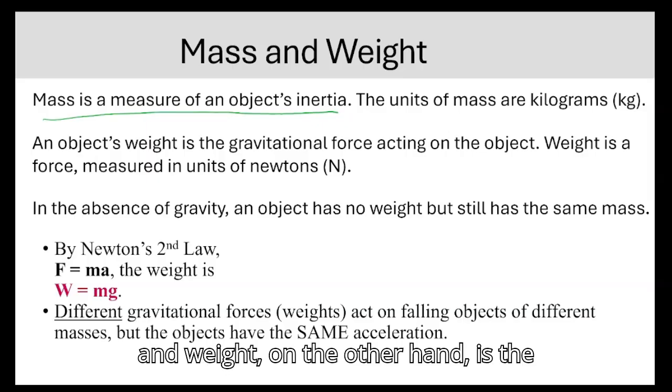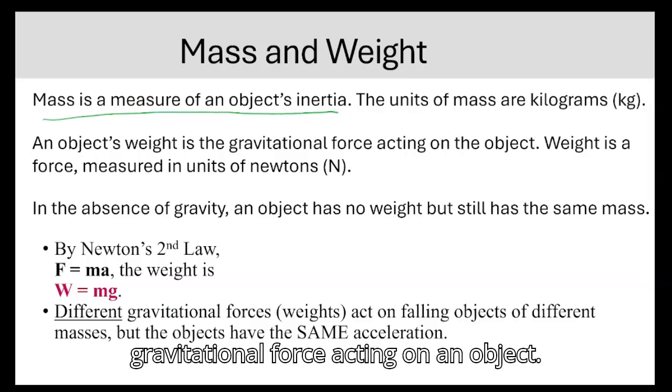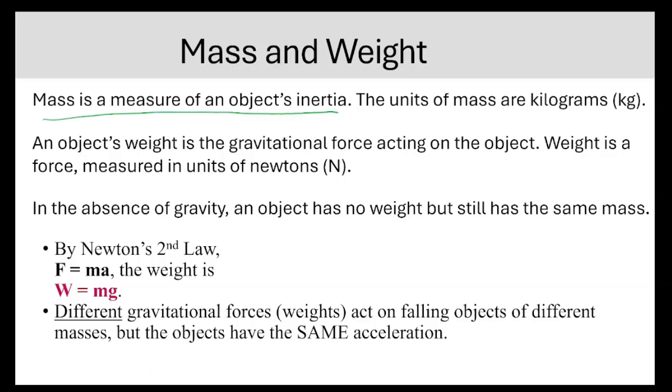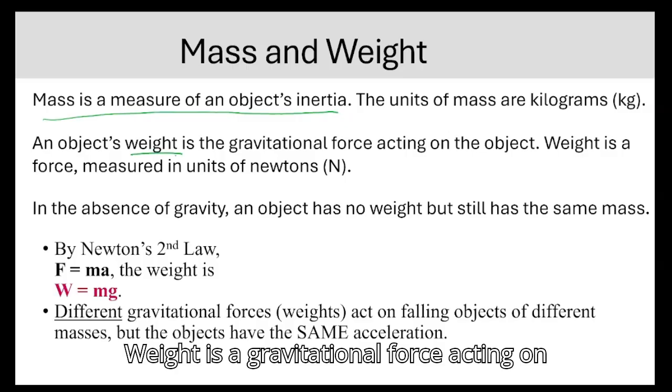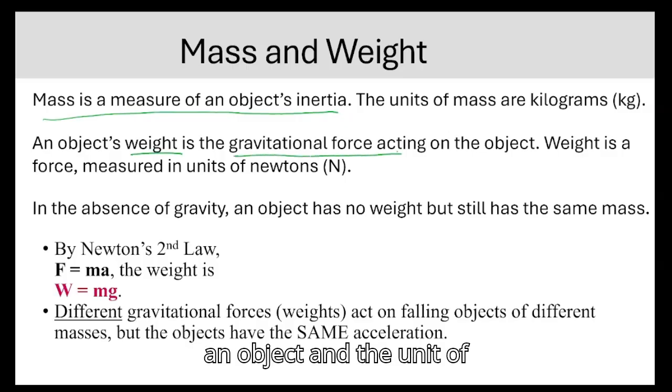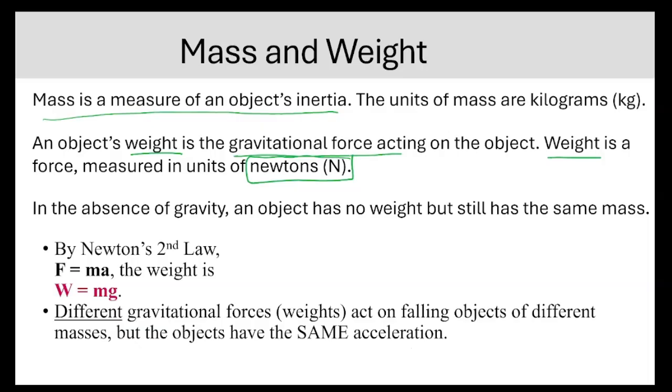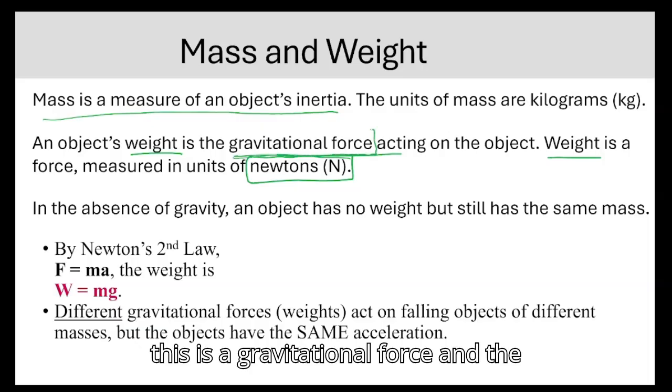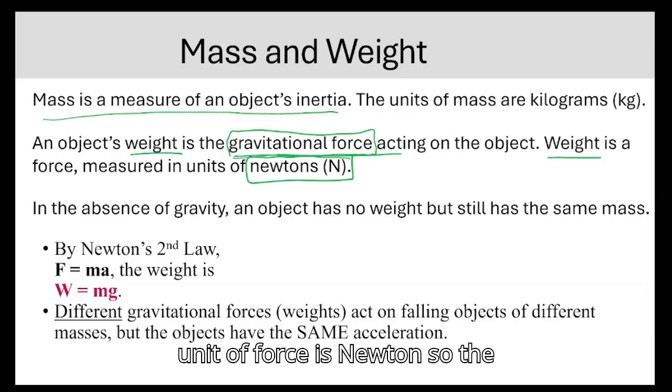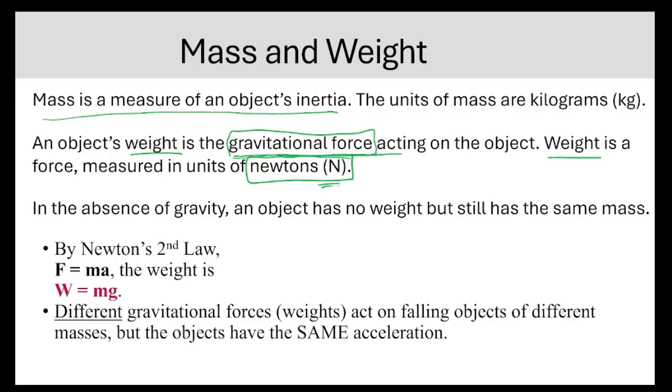And weight, on the other hand, is the gravitational force acting on an object. The unit of weight is Newton. So as we said, this is a gravitational force and the unit of force is Newton, so the unit of weight is also Newton.